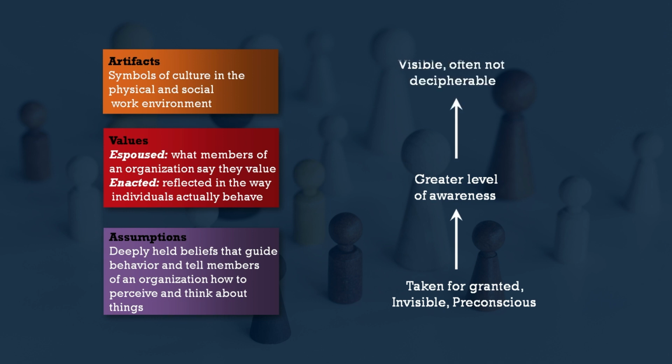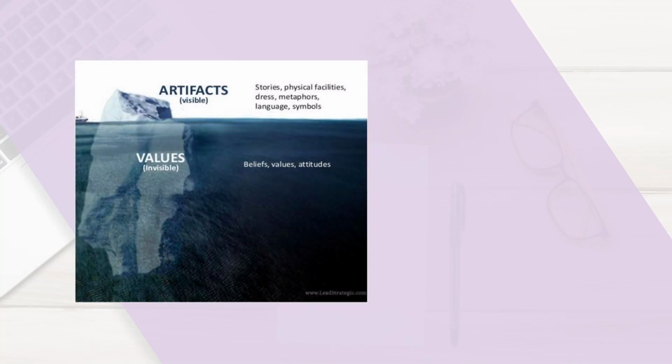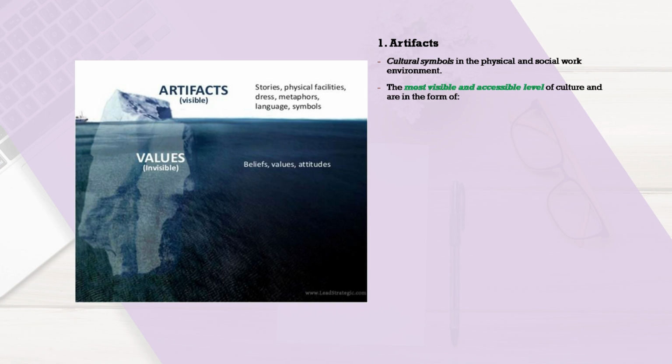To achieve a complete understanding of an organization's culture, the levels I spoke about need to be studied. One of them is called the artifact. Cultural symbols in the physical and social work environment that you see are called artifacts. They are mostly visible and are the accessible level of culture.